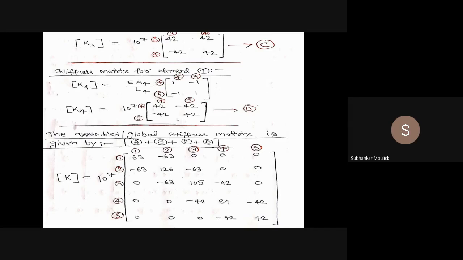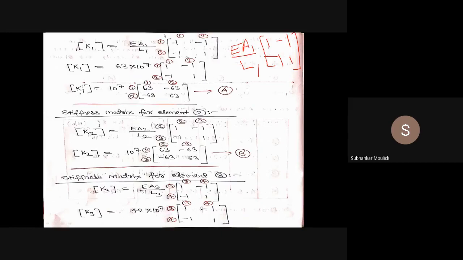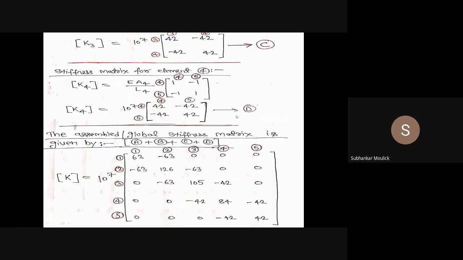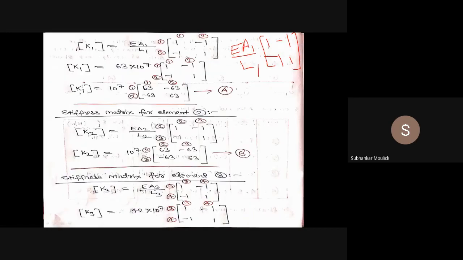But before writing that equation, first I have to get the global stiffness matrix, or the assembled stiffness matrix, for the entire problem, and that will be given by adding equations A, B, C and D. The size of the matrix depends upon the total number of nodes. Since the total number of elements is 4, the total number of nodes will be 4 plus 1, that is 5.